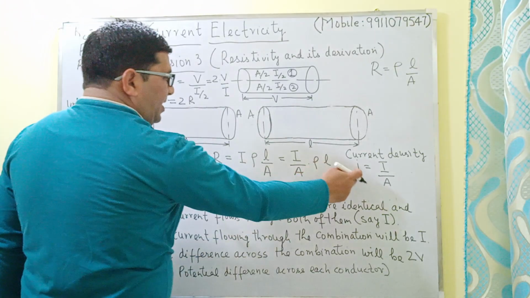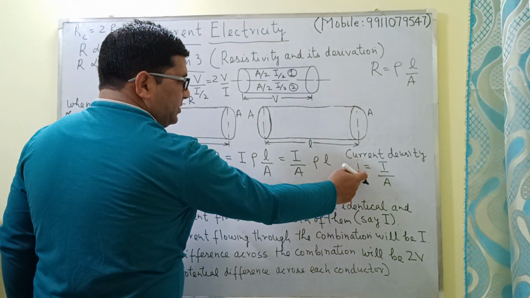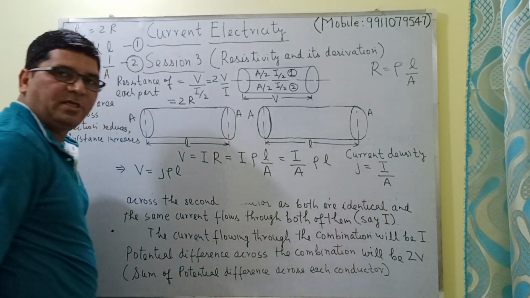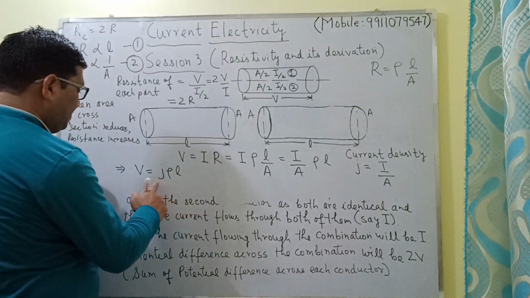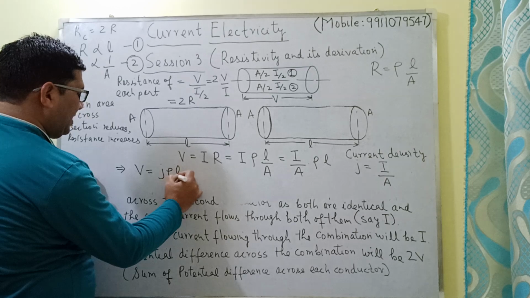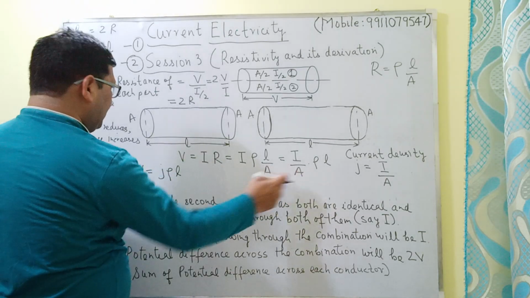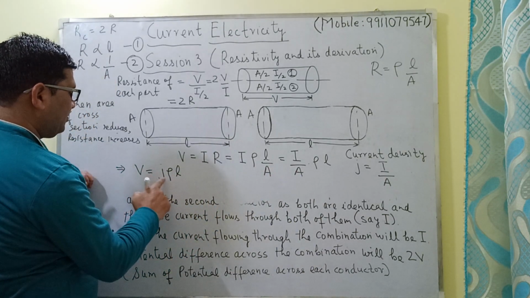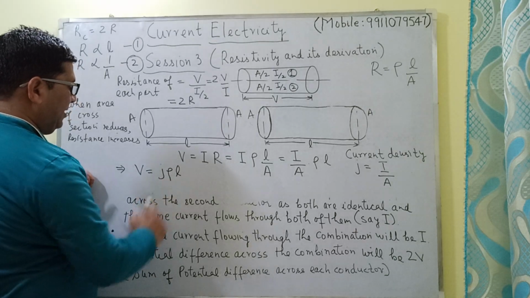It is denoted by J, and J is equal to I upon A. So I have got V is equal to J rho L.